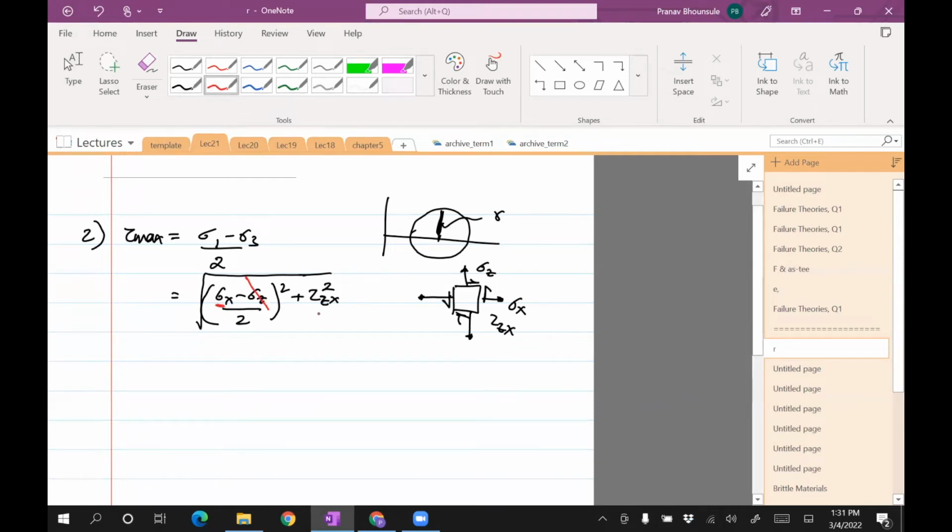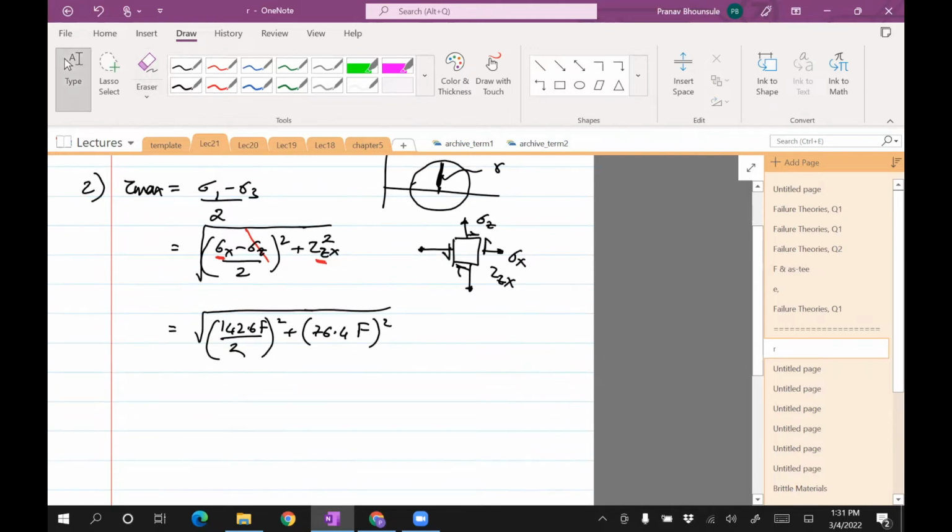We wrote sigma x in terms of F, tau zx in terms of F. So it comes out to be square root of 142.6 divided by 2 plus 76.4, 76.4 squared, equals 104.5 F.